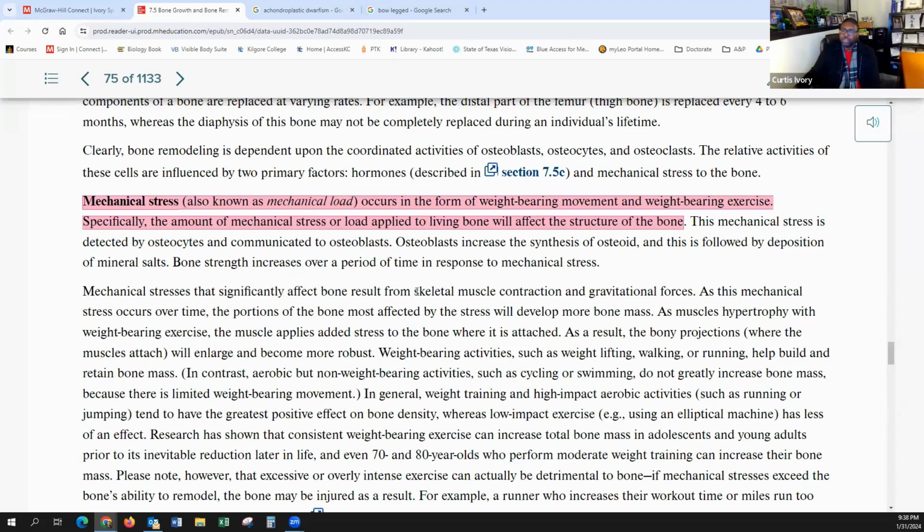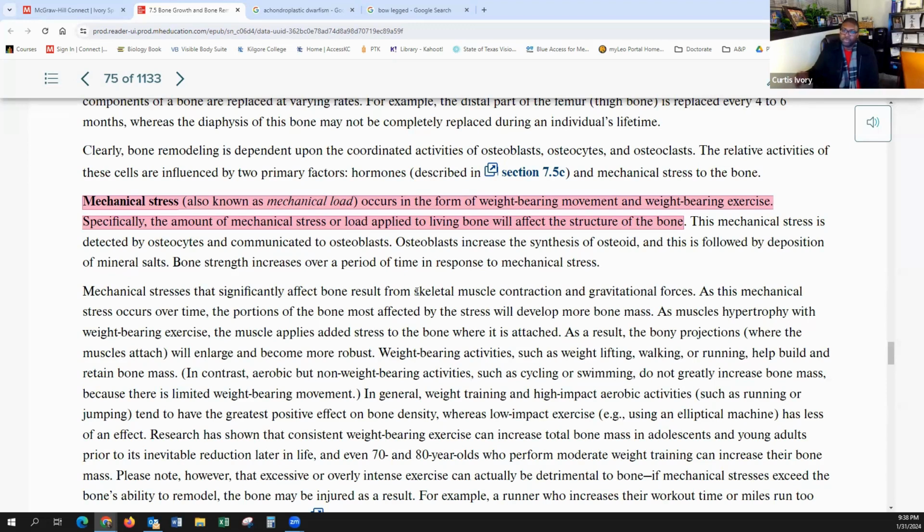By putting stress on them, it essentially breaks them just a hitch. But that's a good thing because it makes your osteoblasts start building them back up. So you want to have constant building of your bones. Things like walking and going upstairs put stress on your bones, and that's a good thing.